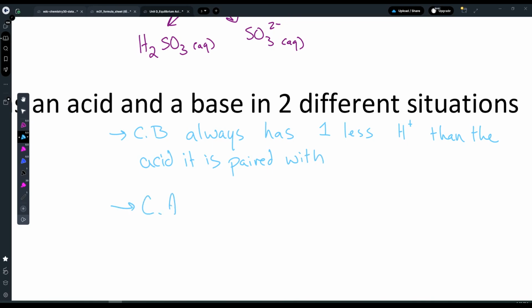For the conjugate acid, it always has one more hydrogen than the base it's paired with.